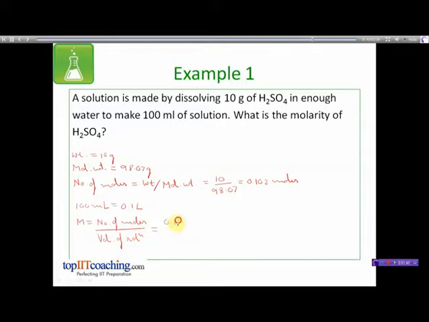We know the number of moles is 0.102 and the volume of solution in liters is equal to 0.1. So the molarity will be 1.02 moles per liter. This is our final answer.